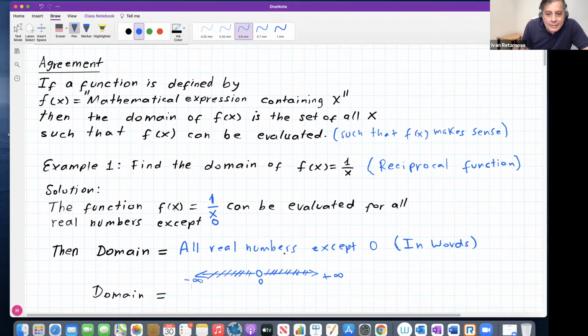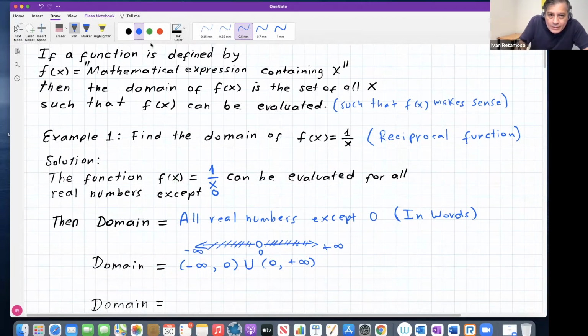So when you write this as an interval, you have to start with minus infinity with parentheses because you never touch negative infinity. Then you go up to 0, parentheses because you are not including 0, union, 0, comma, infinity, or plus infinity. It's the same.